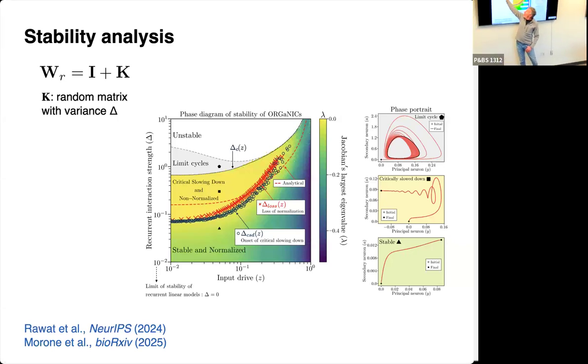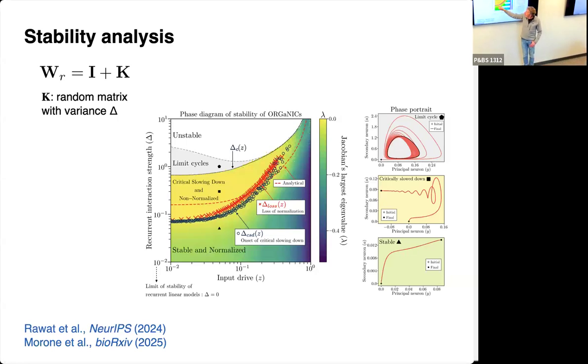But if I start adding random values off the diagonal, I can analyze this. And what I find is that there's a signature of the breakdown of stability, called critical slowing down in dynamical systems, basically the spiral attractor regime. And that happens at about the same place that the fixed point starts to deviate from that normalization equation.